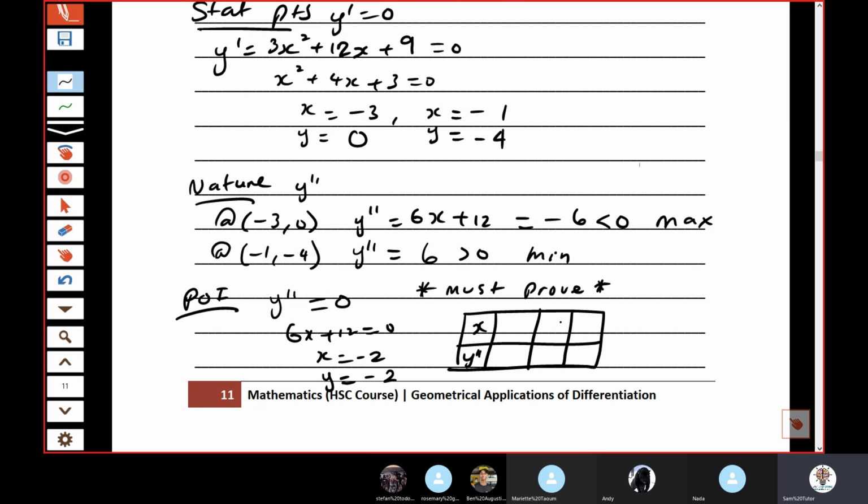So X is -2. We choose a number before it. I guess it does. Look, I won't choose it just to make a point. If I chose -3 and -1, they were my stationary points. Let's not choose them. It might complicate things.